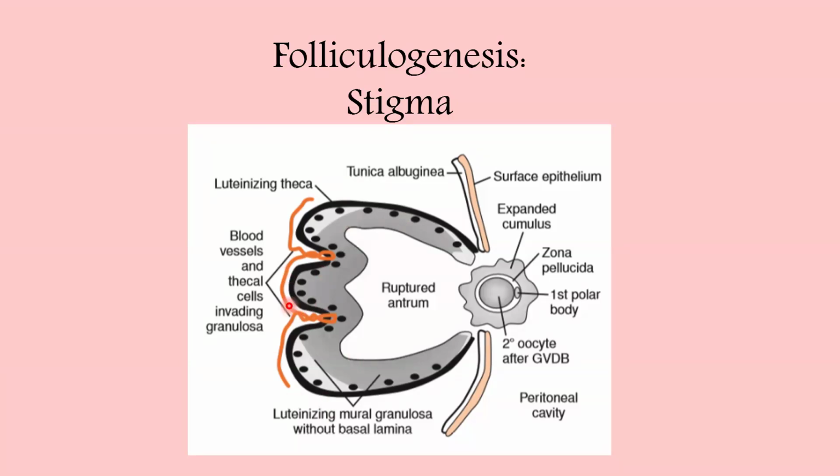So the blood vessels and the theca cells, they're going to get affected by LH, and they're going to invade. Do you see here the canals that are forming over here? These are the theca cells invading the granulosa cells. It's like they're involuting into themselves. Okay, and when the theca involutes into the granulosa cell layer, it forms the corpus luteum.